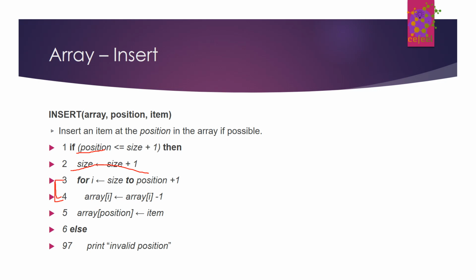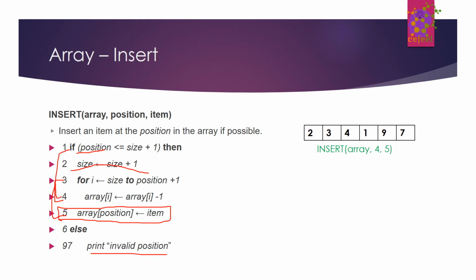Then in step 5 we assign the element to the position, because position is now vacant, and once we have assigned, we are done. So that's how the algorithm looks. Otherwise, if the position was invalid, we will just print an invalid position and then return.